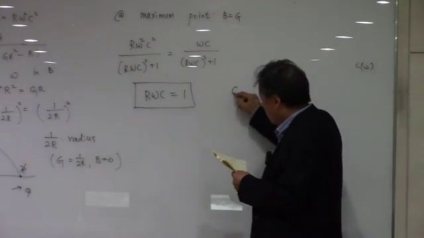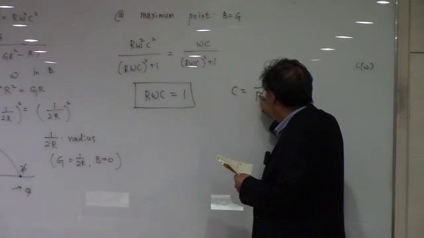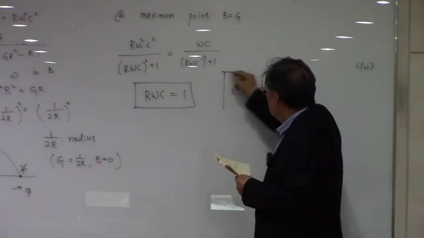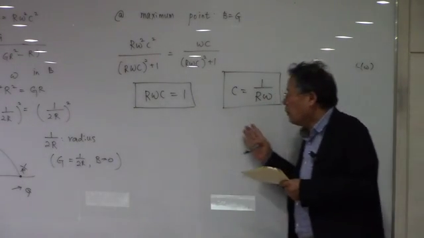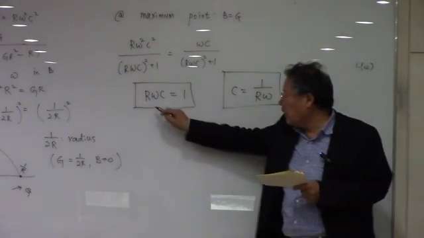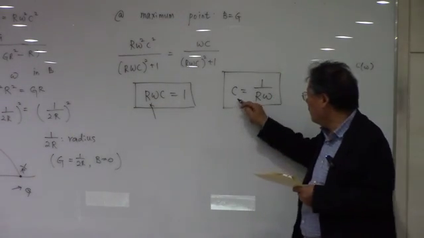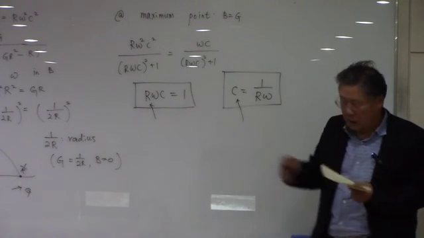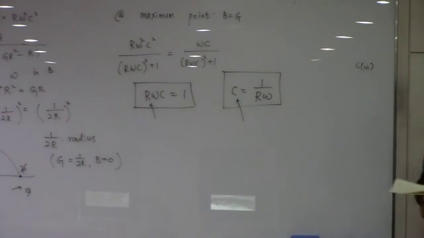And the capacitance now is 1 over omega R. So we can separately determine the value of R and the value of C in the circuit.